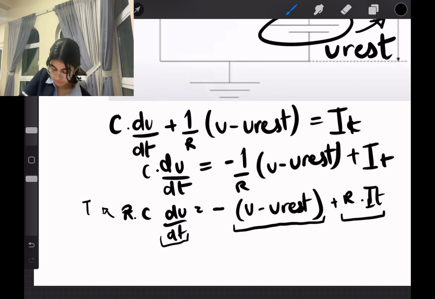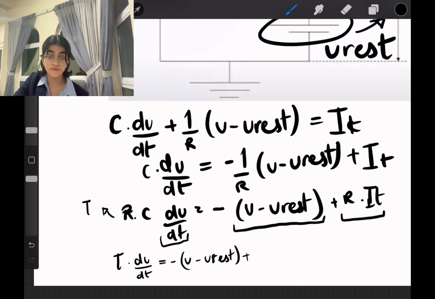So this can be written as tau times dU by dt equals minus U rest plus R times IT.